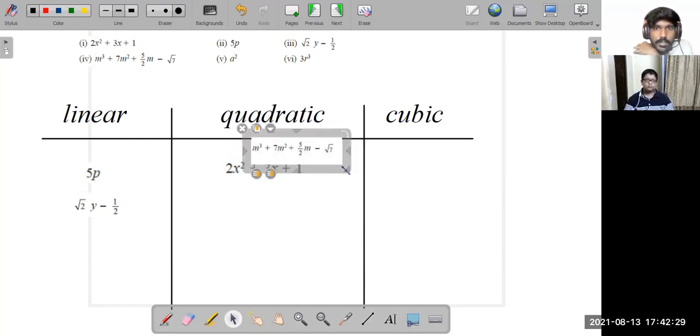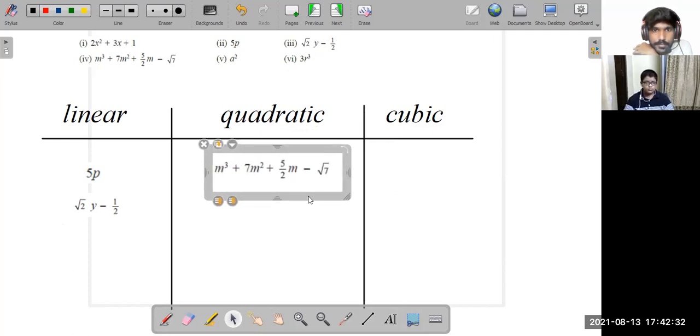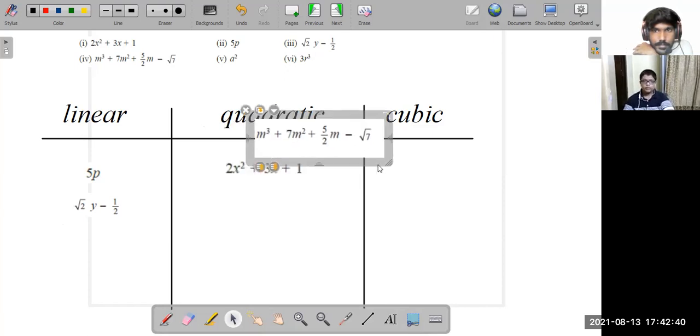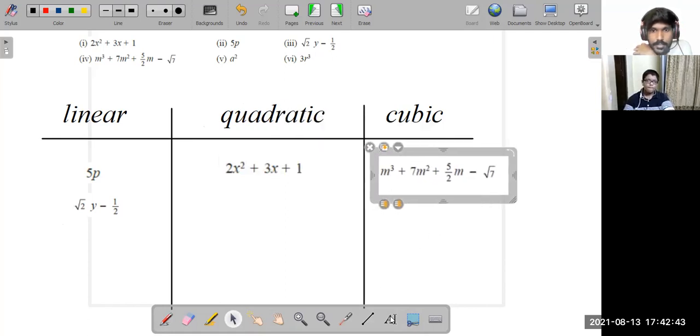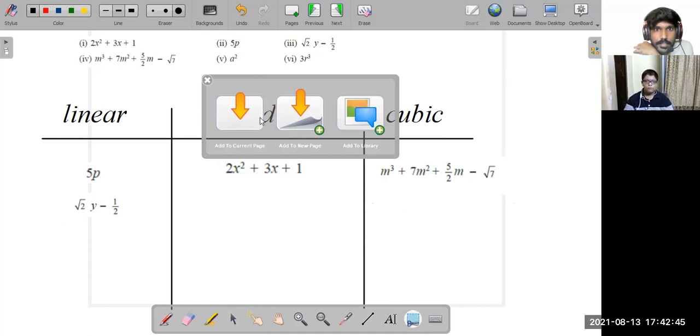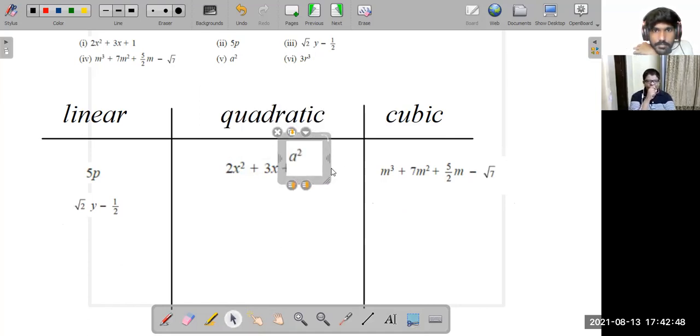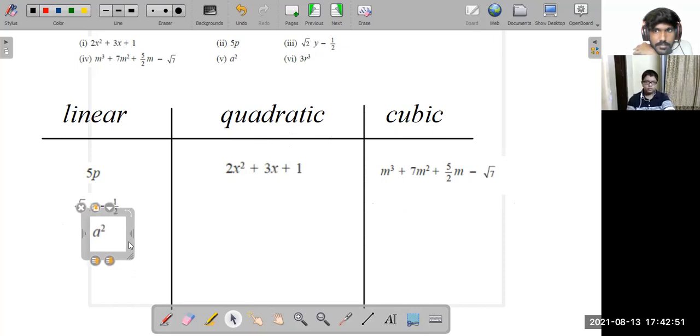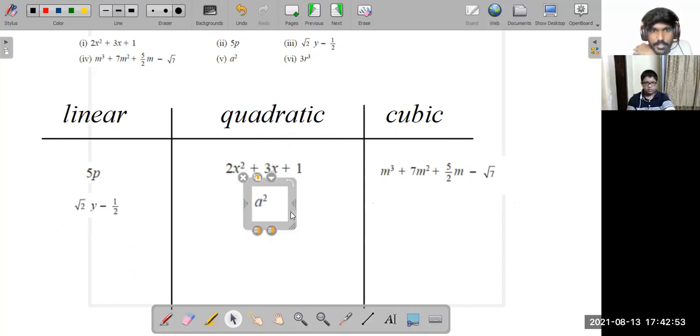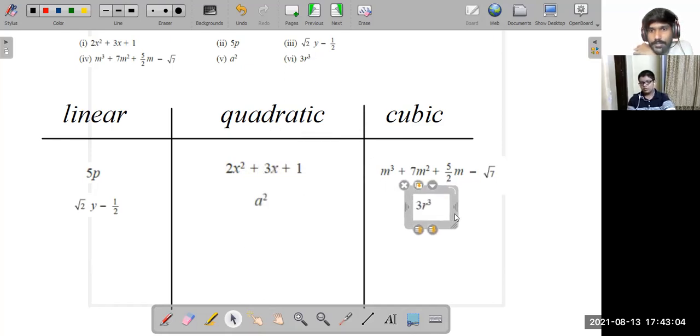Fourth one. Where to put this? Cubic. So this will come here. Then this one. Where will this come? Quadratic. So it will come here. And last is 3r cube. Cubic. Okay. Fine. So 1, 2, 3, 4, 5, 6.